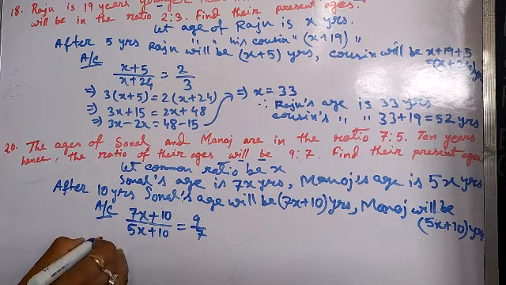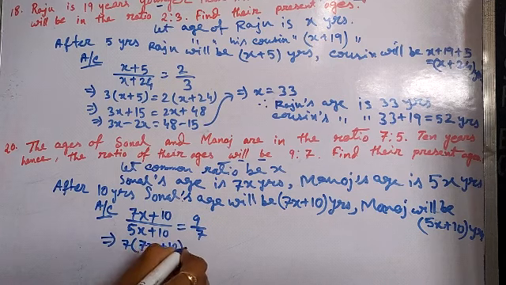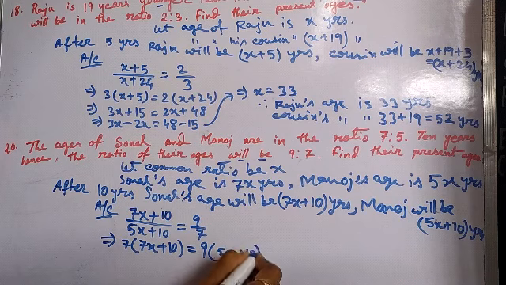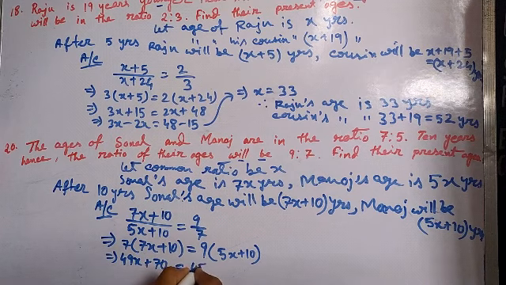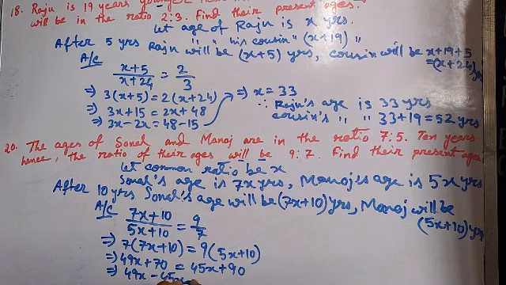Then we calculate it, same process: 7 into 7x plus 10 equals 9 into 5x plus 10. Then we remove the bracket, that means 49x plus 70 equals 45x plus 90. That means 49x minus 45x equals 90 minus 70.